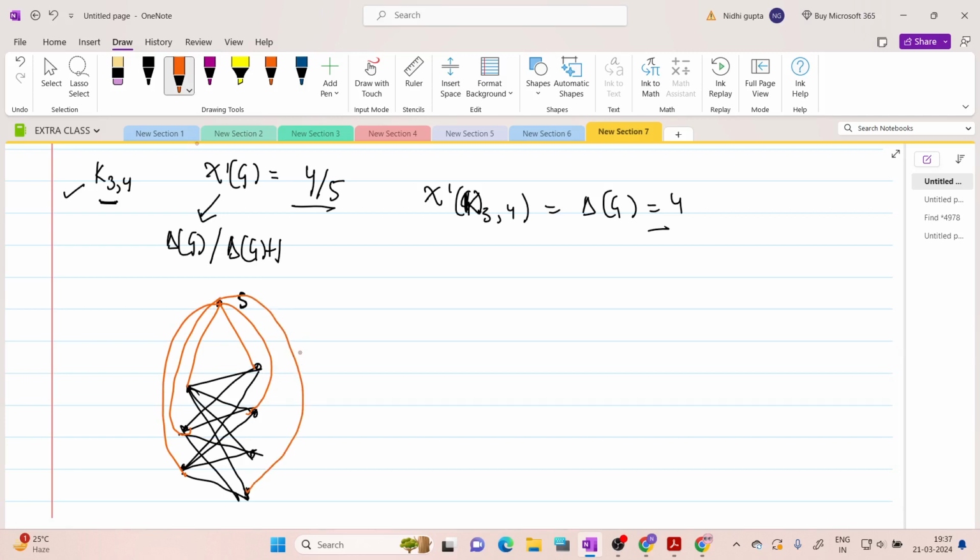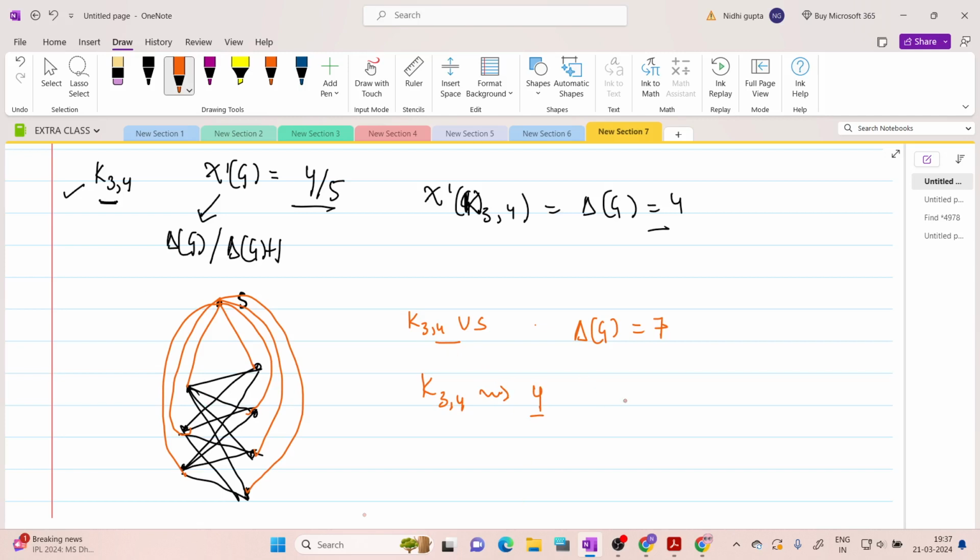If you see the node S, it has 7 degrees, since it is attached to every other vertex. So the maximum degree is 7. Now the question is, what is the chromatic index of this graph? For K3,4, we know that the chromatic index is 4.